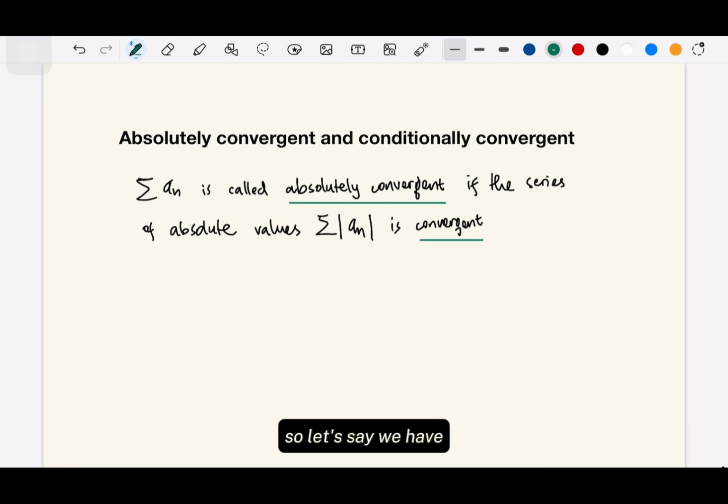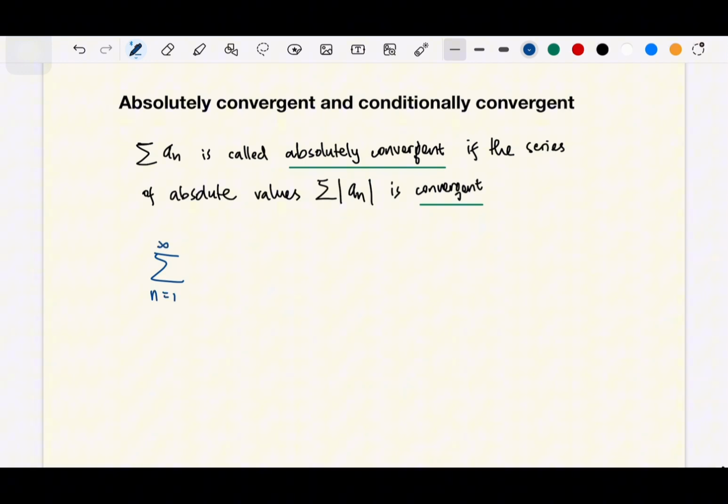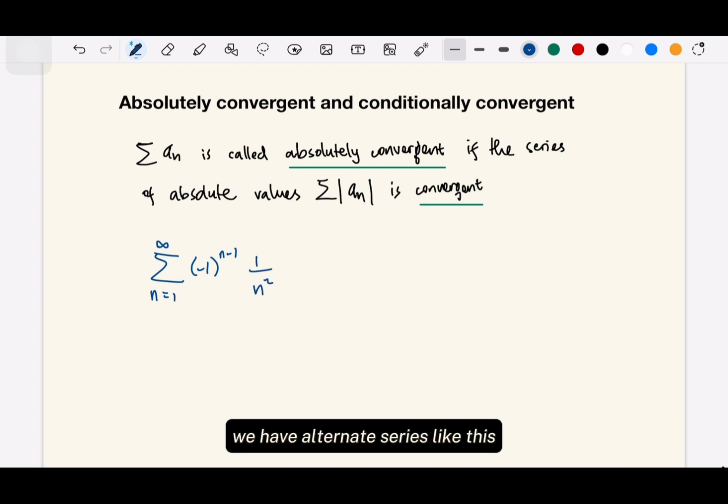So let's say we have the alternate series like this: -1 to the n minus 1, and then 1 over n squared.